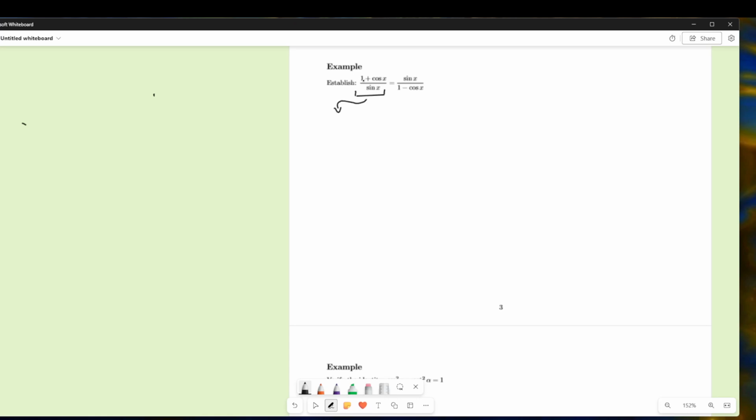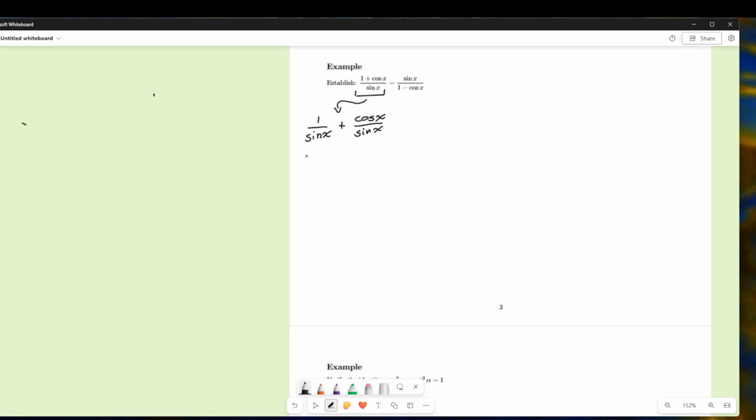So certainly we've got 1 over sine x plus cosine over sine x if we want to split that apart. Again, I want to stress, I don't know if that's going to be helpful or not. It might not be helpful. But it's certainly true.